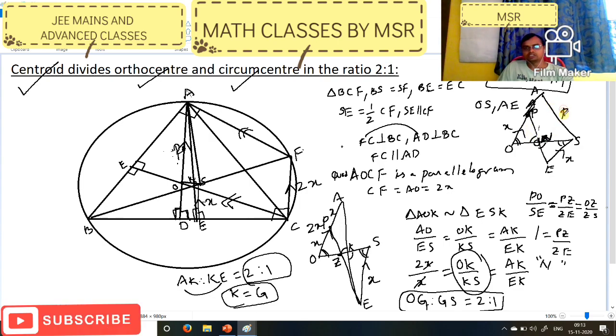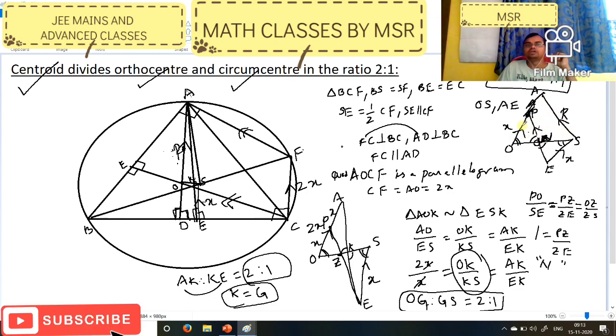AS is the radius of the circumcircle, that means circumradius. So from circumcenter to vertex is nothing but circumradius, R. Now P is a midpoint of AO, N is a midpoint of OS. By the midpoint theorem, what can you conclude? PN is parallel to AS, as well as PN is half of AS.